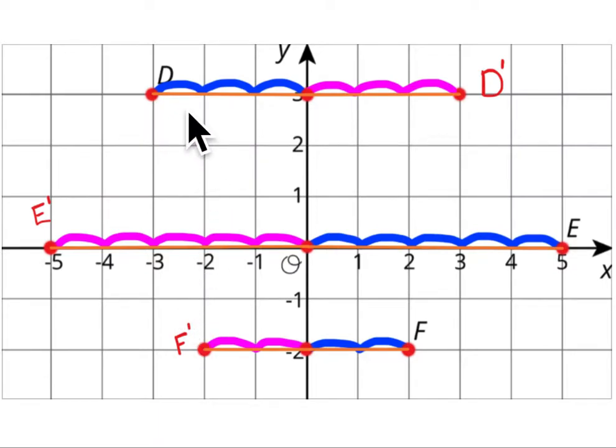And I connected them with these orange lines. Those orange lines form a right angle with the line of reflection, or Y. So what we say is that the orange line is perpendicular to Y, or the line of reflection. The word perpendicular means forming a right angle, 90 degrees.